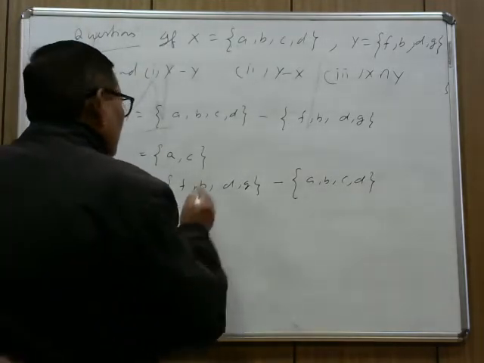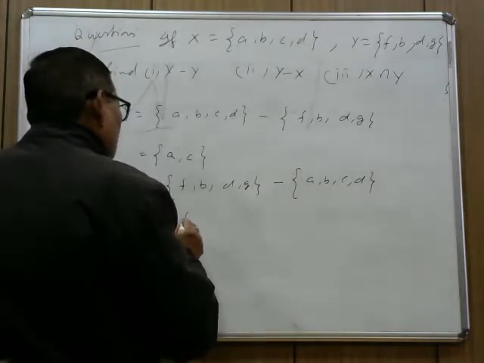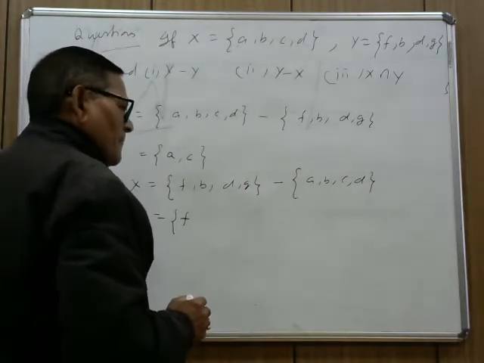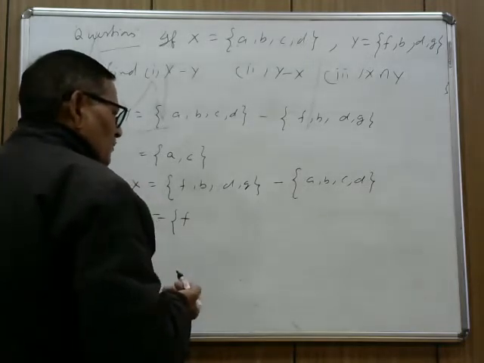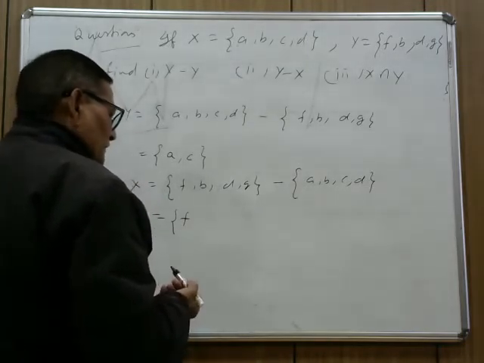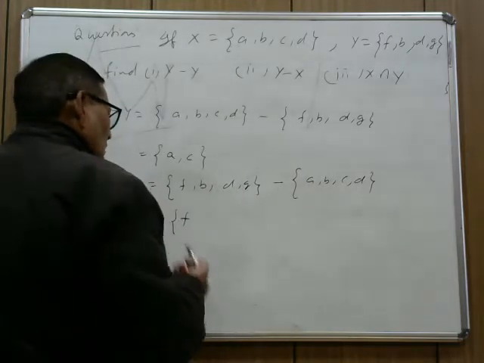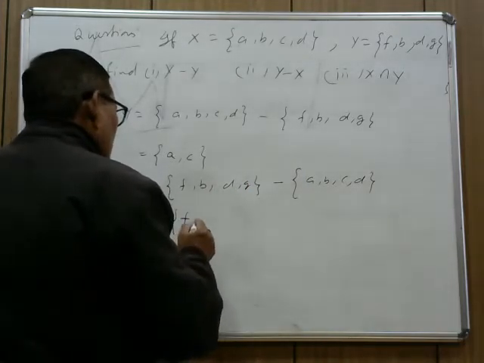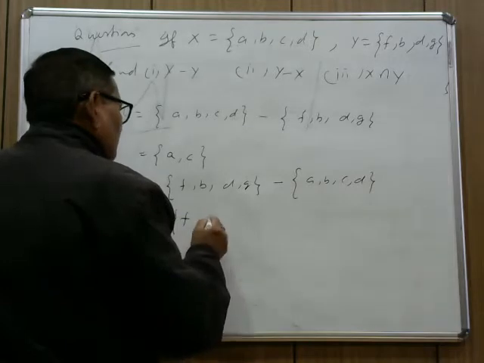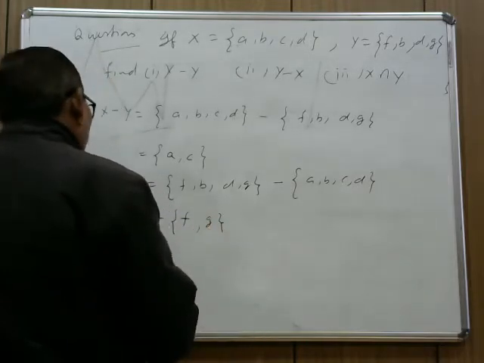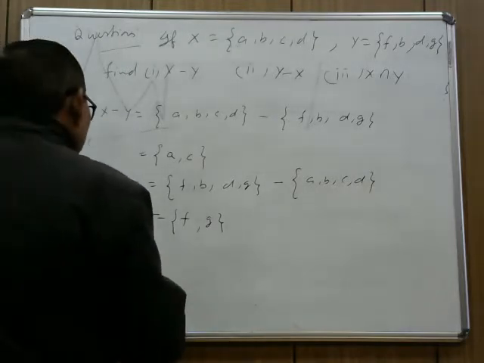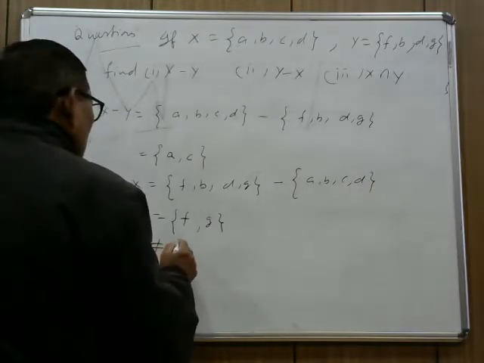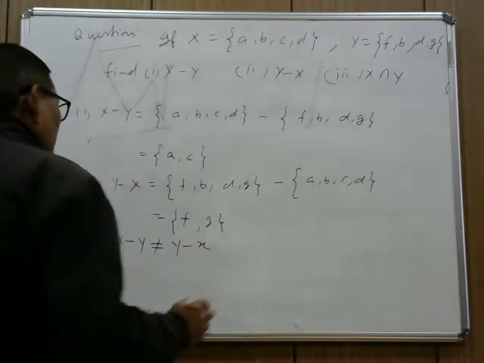F is a member of y but F is not a member of x, so it is a member of y minus x. B is at both places, so it is not. D is at both places, so it is not. G belongs to y but G does not belong to x, so G is taken. From these two questions you can observe that x minus y is not equal to y minus x.